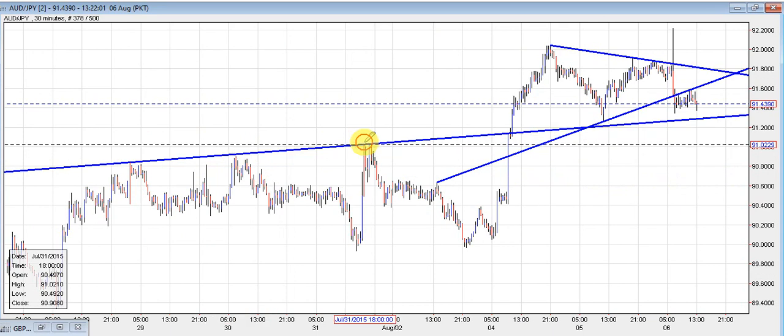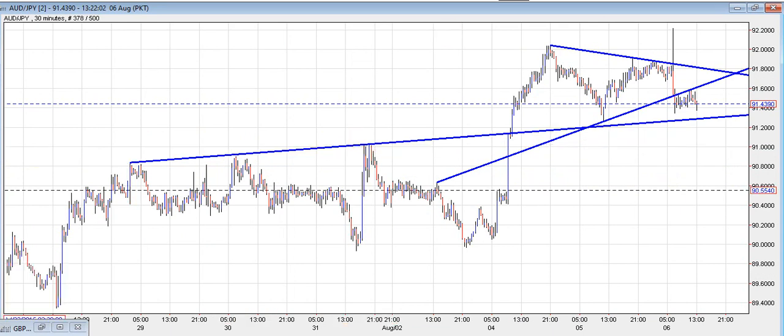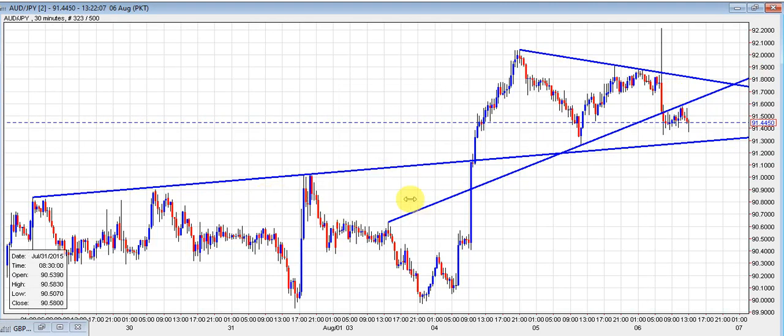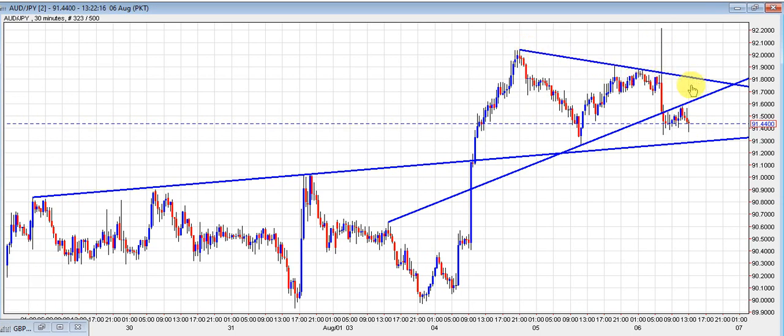Let's say we had a break here. So price was underneath, then we broke, right? We're ignoring this spike, so it's a declining trend line out here. Match it up with this one, we have a break, and the price is holding accordingly to it.